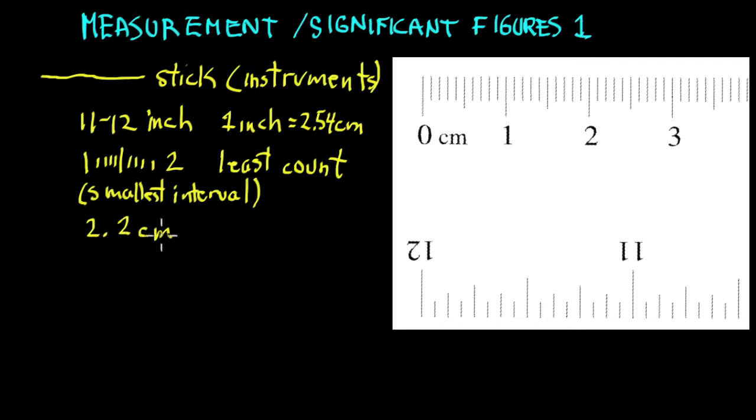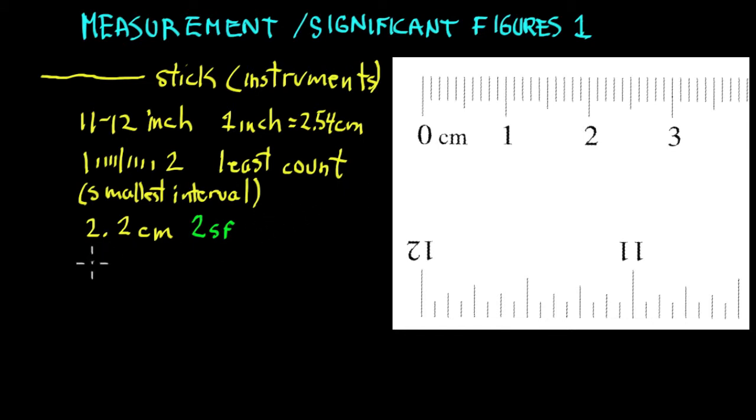This is a number plus a unit. 2.2, that means we are placing value on the 2. We read it directly, and we're placing value on the second interval between the 2 and the 3. So in terms of talking about it, we can say there are 2 significant figures here, or the small sf.